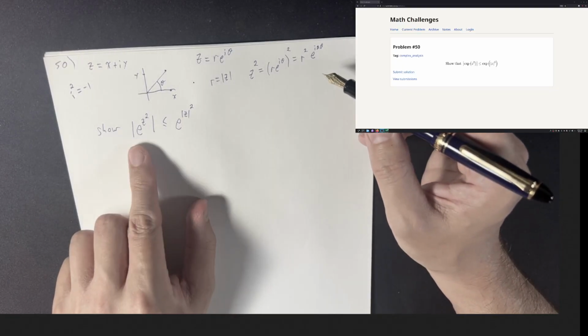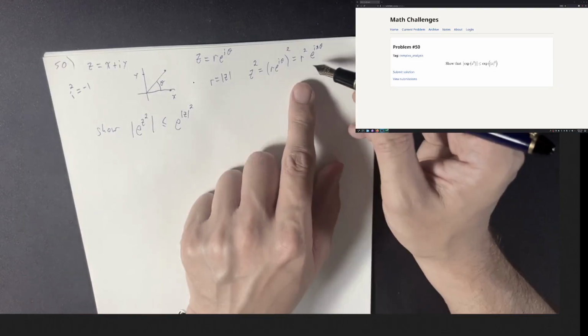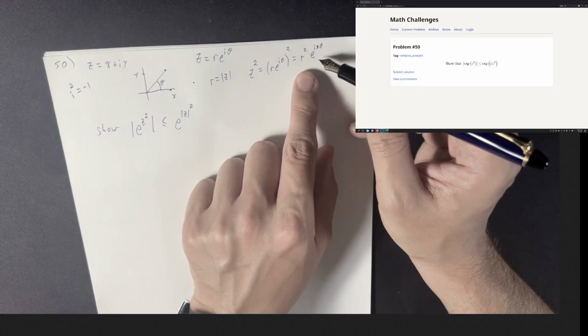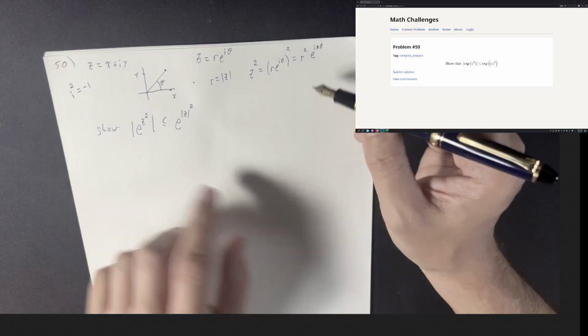It almost looks like they're the same. Something fishy going on? Oh, because we're taking e raised to this. That's a little different. You see what I'm saying here?